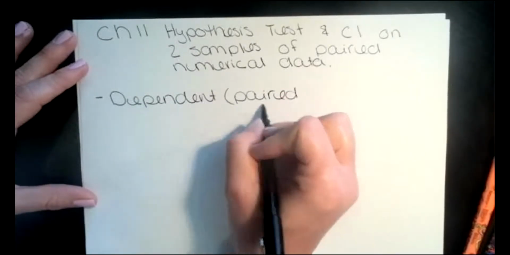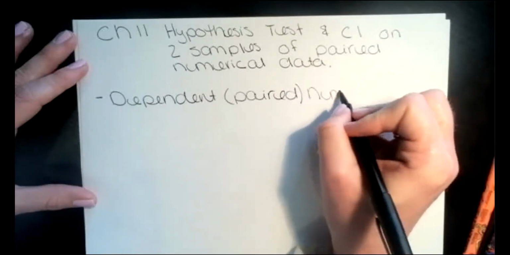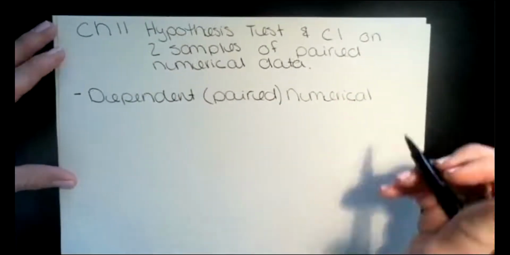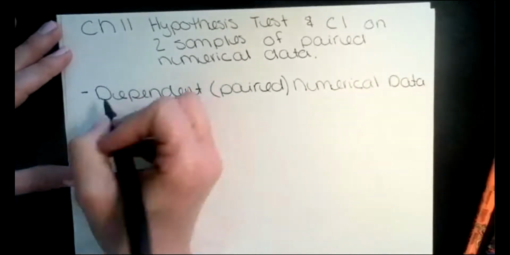So in Minitab, we're going to see the word paired, just so you know. But you can call it dependent or paired numerical data, whichever one you want. So I'll write both here.